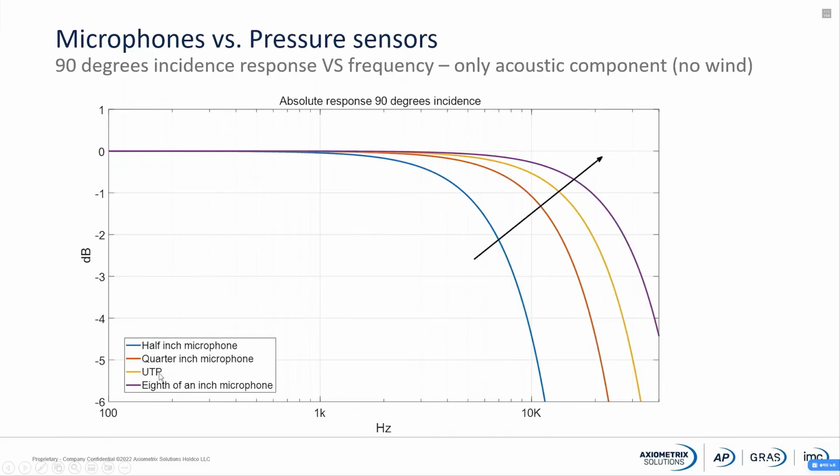We have the ultra-thin precision microphone, and then we have the 1/8 inch microphone that is going even further up in frequency. So when you increase the frequency of the tone that we are playing, suddenly it starts to integrate over the membrane, and then it goes down here.